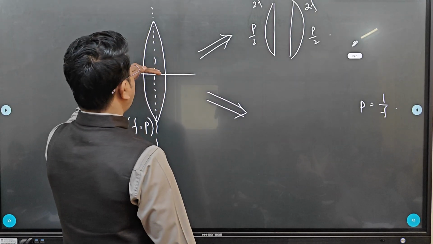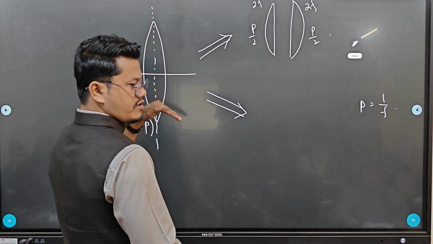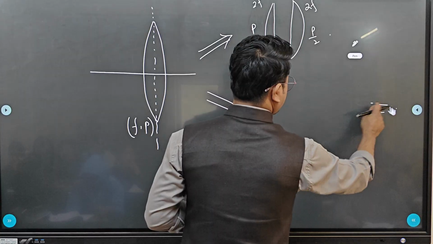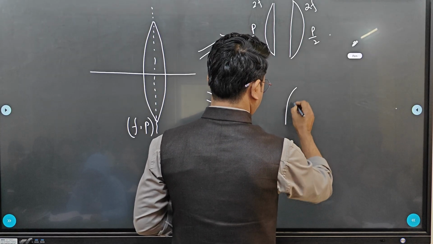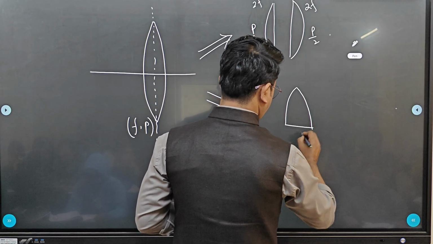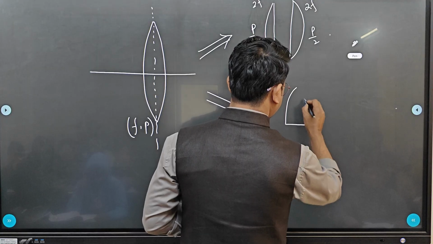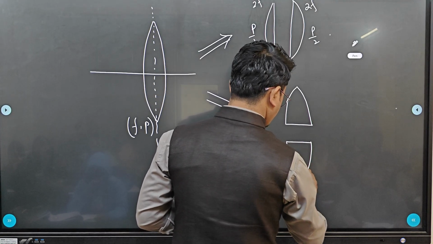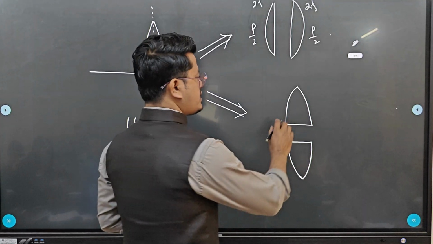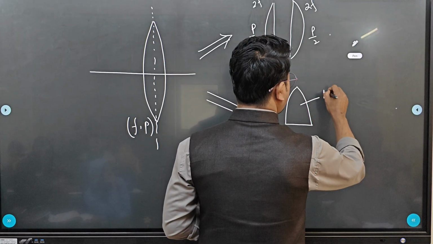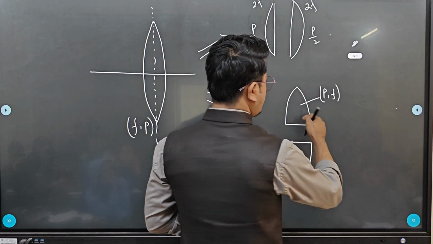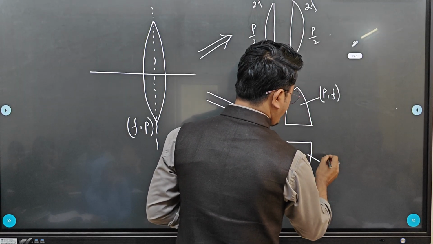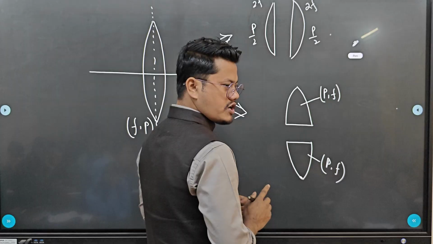What will happen if I cut the lens into 2 equal halves horizontally? Then I'll get a structure like this, this is one part, and I'll get one part like this. In this case, you will observe no change in power and focal length. This half part will have the same p and f, and this half part will also have the same p and f.